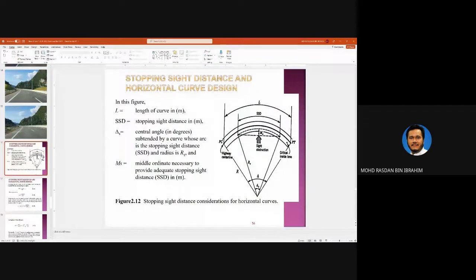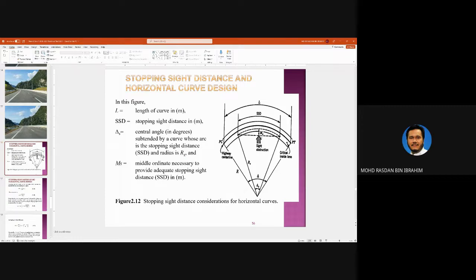Okay. So this is the stopping site distance design, where you need to consider the L, length of curve, which is between point PC and PT here, and then the stopping site distance length, and then the value of MS. MS is measured from the middle of the inside lane to the obstruction.